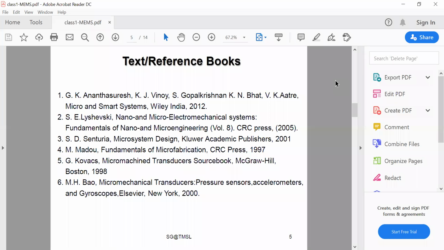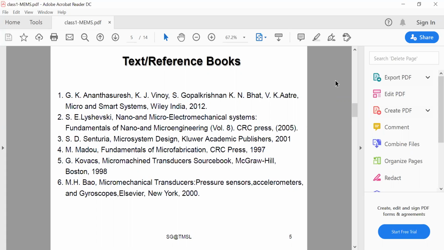So prerequisite knowledge is required to understand this subject. You must be familiar with semiconductor devices, because from the next day you need to know how micro fabrication, meaning how semiconductor devices are fabricated. In this fabrication technique, you need the concept of semiconductor devices.